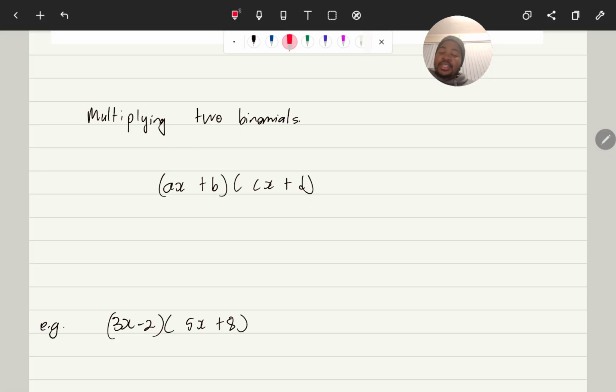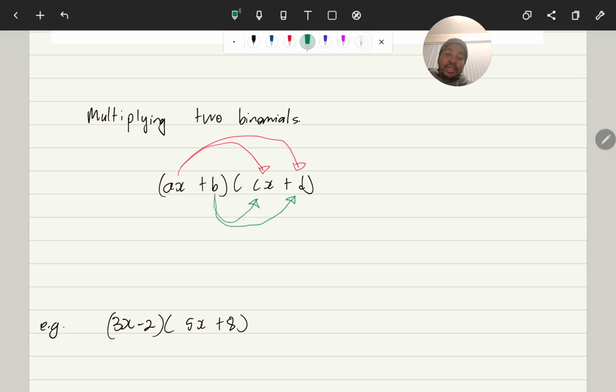I will give you the easiest method of multiplying these. To multiply these, you multiply this term by this term, and then again you multiply the same term by this term. Then you multiply this term by this term, and this term by this term. Then you'll be done.